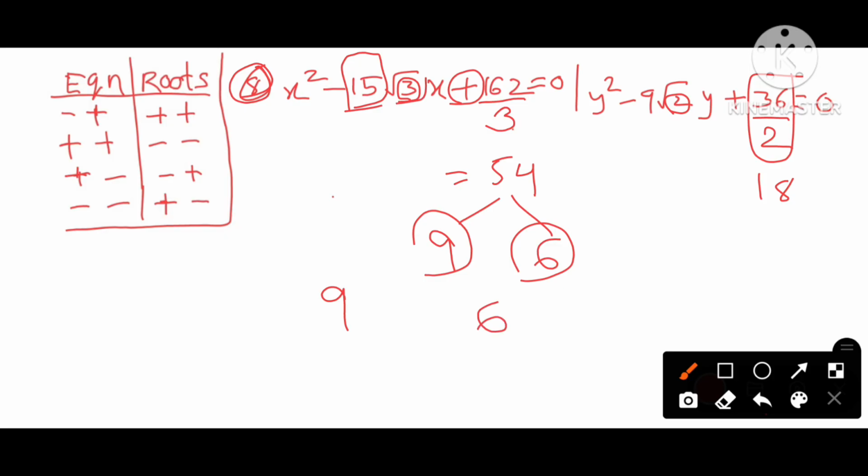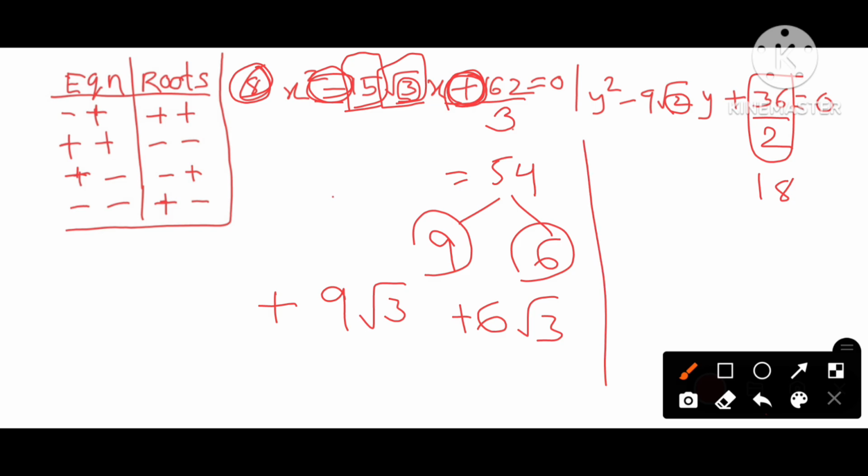Here we are left with root 3, so we need to place that root 3 here. One more thing: the signs of the symbols, which are minus and plus, mean both the roots will be positive. Let's see the second one, similar to this one. Now we got here 18.